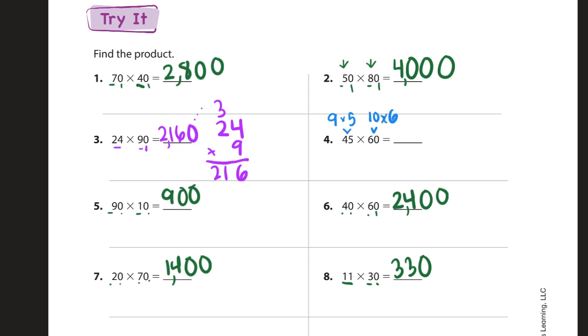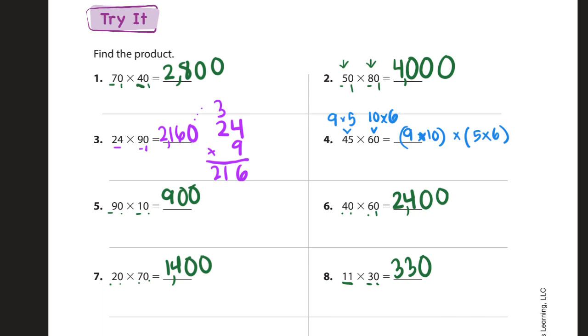So in thinking about the associative property, I know I can multiply any of these factors. I can group them in any way I'd like to and still get the same answer at the end. So I'm going to group them in a way that I think is easy. Let's take a look. So here I grouped 9 times 10, and then I multiplied that by 5 times 6.